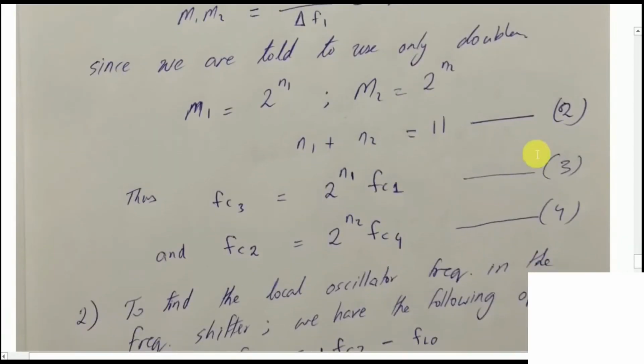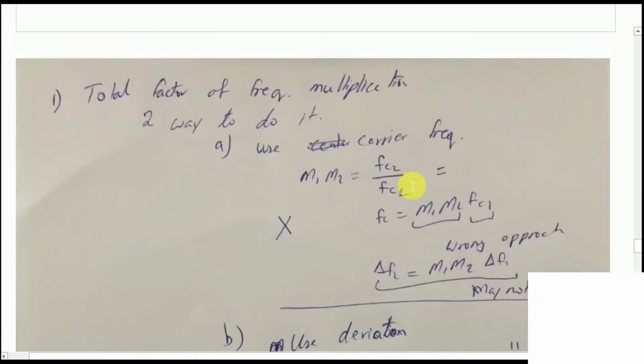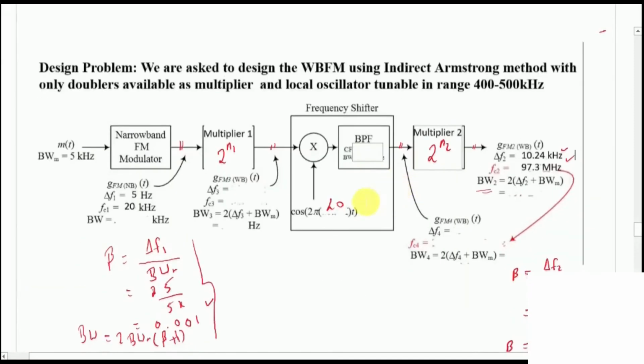So this justifies our first four expressions. The next thing in line is, what would be the local oscillator? How can we find the local oscillator?